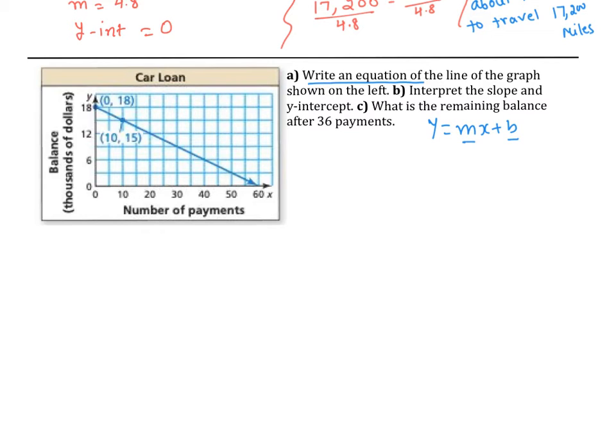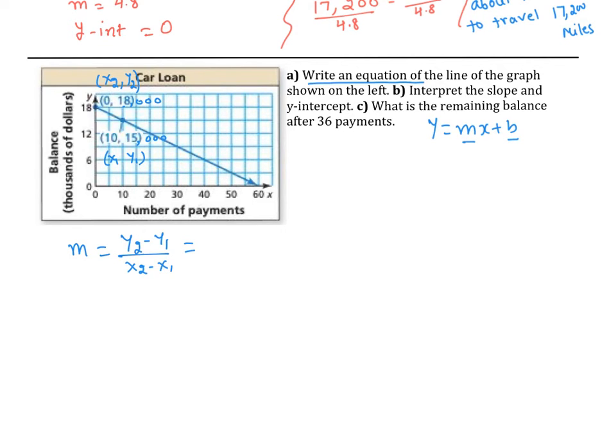To find m, we need the slope formula, y2 minus y1 over x2 minus x1. Here we can take this point as (x1, y1) and this point as (x2, y2). Just remember the y coordinate is in thousands, so instead of 15, this is 15,000, and instead of 18, this is 18,000.